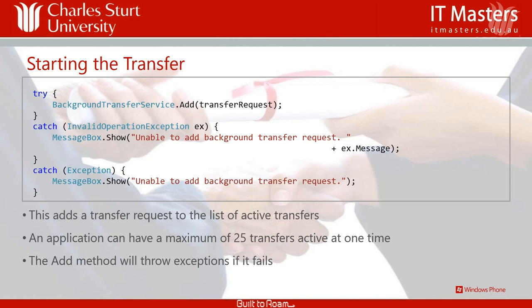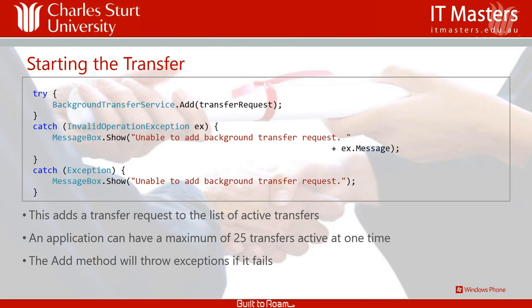So, for example, if you have more than 25 transfers to do, you can trigger the first 25, and then you need to keep a queue of the remaining files. So when one completes, you then schedule the next one, and the next one, and the next one. The one challenge there is, of course, if the user leaves your application, you then need to detect how far through that list you've got, persist that to storage, and then when your application launches again, you can requery the transfers and go through them.